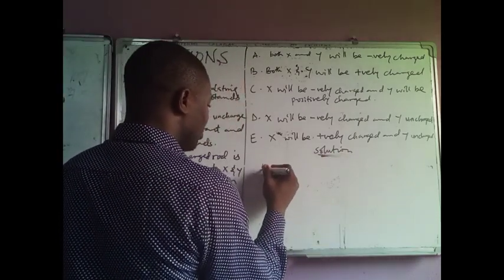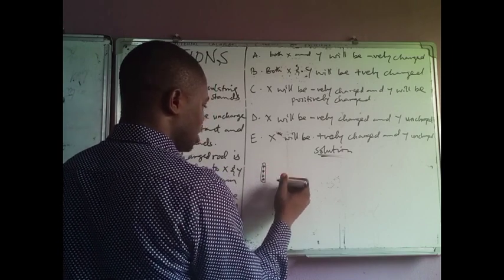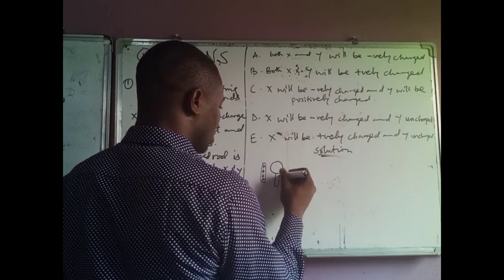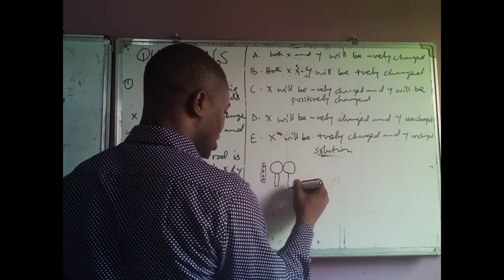You see, this is a body that is positively charged, and we bring two conductors on insulating stands, but they are in contact with each other.